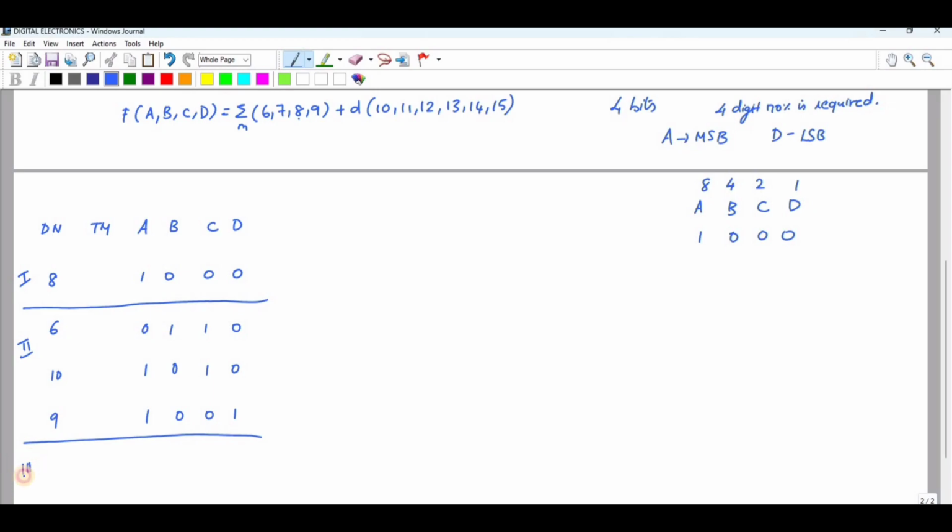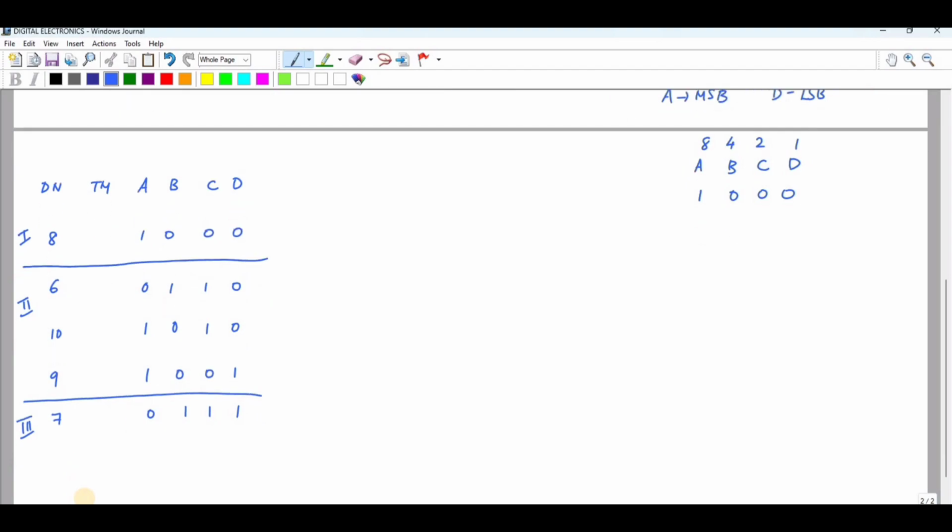Next, the third group element consists of three ones. How to represent 7? 0 1 1 1. How to represent 11? 1 0 1 1.